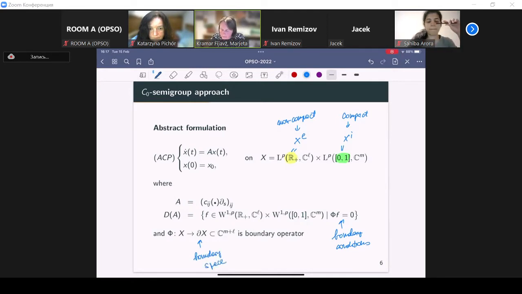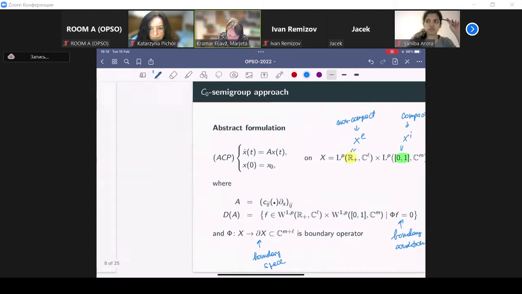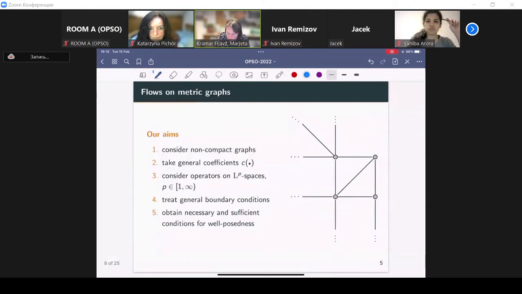So what is the boundary space in our case? When we started to work on this problem, I always imagined the boundary space to be actually the vertices. This is where, in this graph, all these edges come together. So this is where we need to pose the boundary conditions, right?